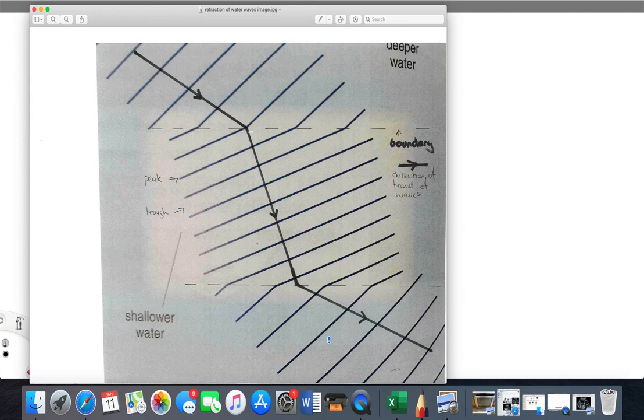They're going to bend towards the normal because they slow down. So if I drew my normal in there, you would see that these waves have bent towards the normal. This bends towards the normal. And then draw these in, following on from these, but at right angles to the direction of travel again, like this. This is at right angles to these. This is at right angles to these.